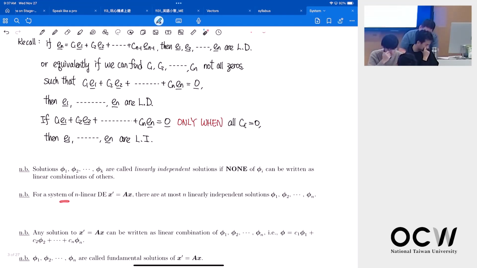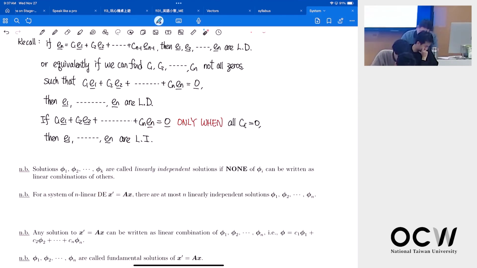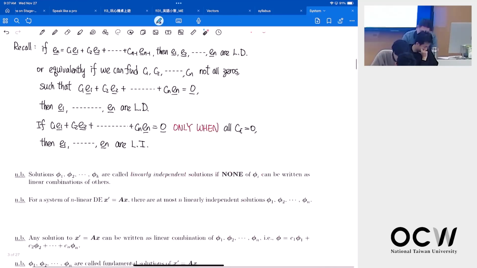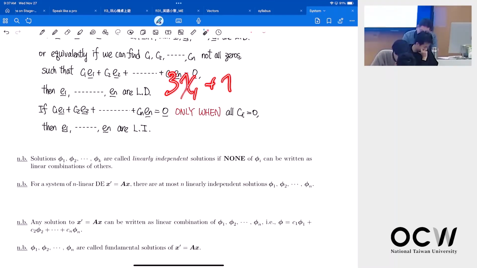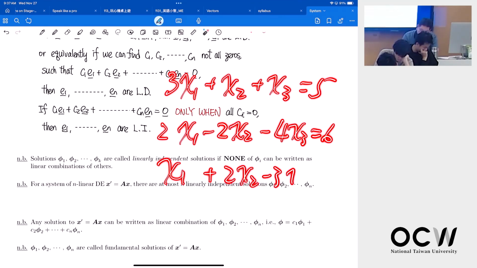And for a system of n linear differential equations, if I have n equations, 1, 2, 3, 4, 5 till n, for these homogeneous equations, there are at most n linearly independent solutions, phi 1 to phi n. Because I only have n equations, like 3x1 plus x2 plus x3 equals 5, 2x1 minus 2x2 minus 4x3 equals 6, x1 plus 2x2 minus 3x3 is 7, when n equals 3.